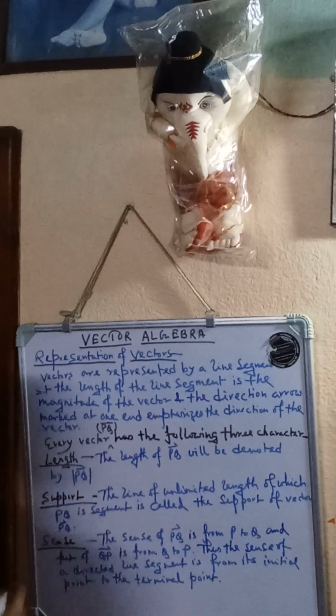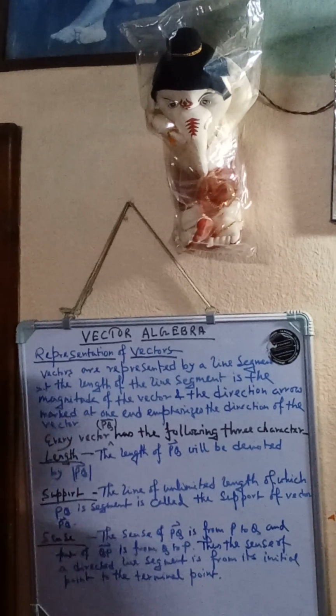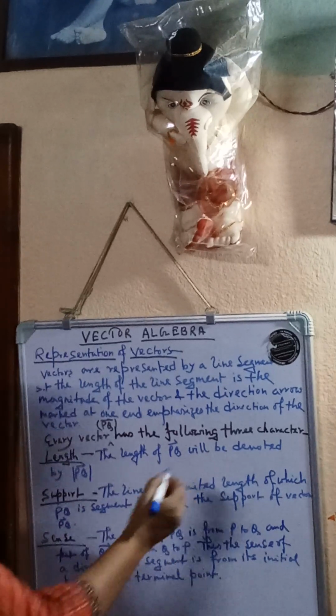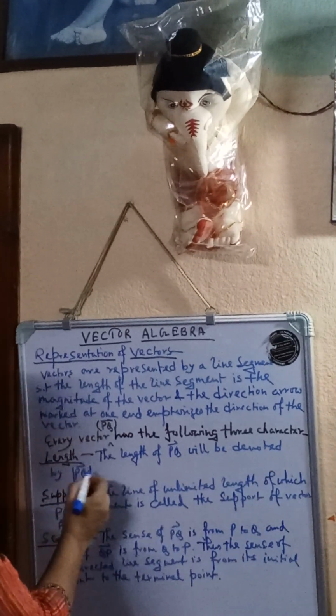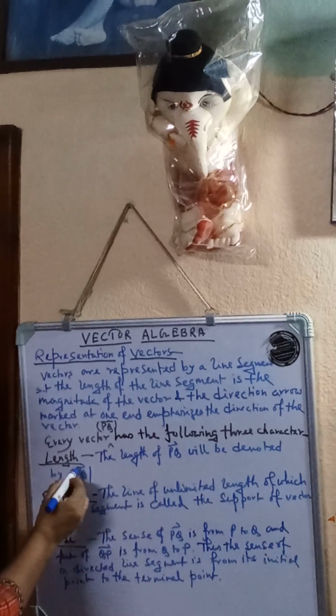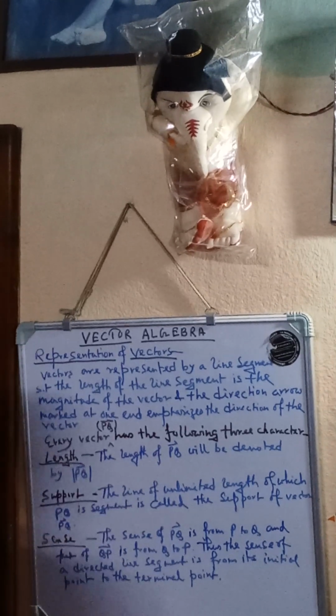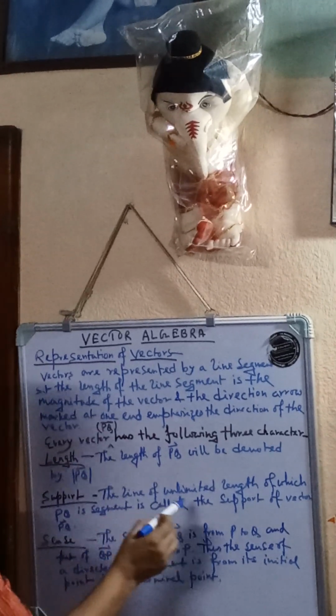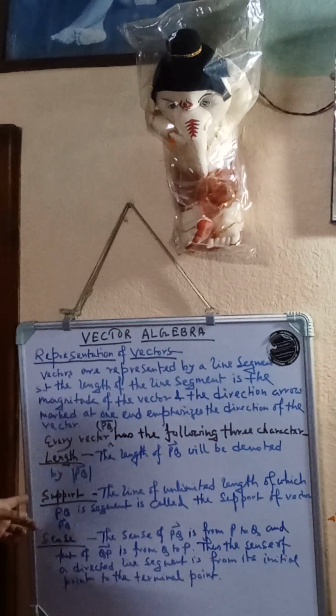One is length. The length of a vector PQ is denoted by PQ with an arrow. Another is support.